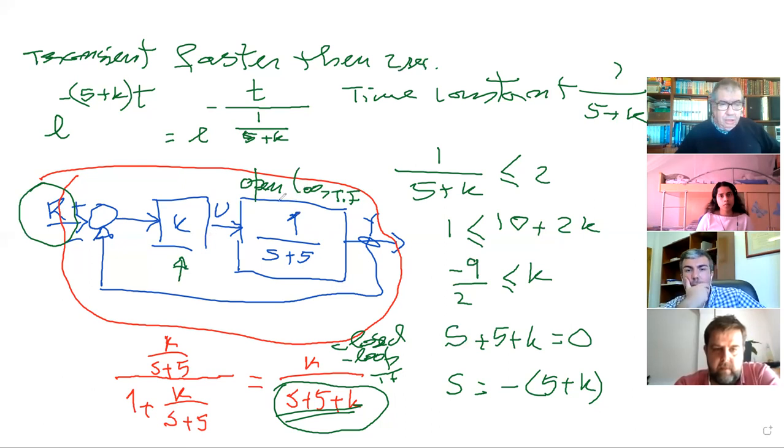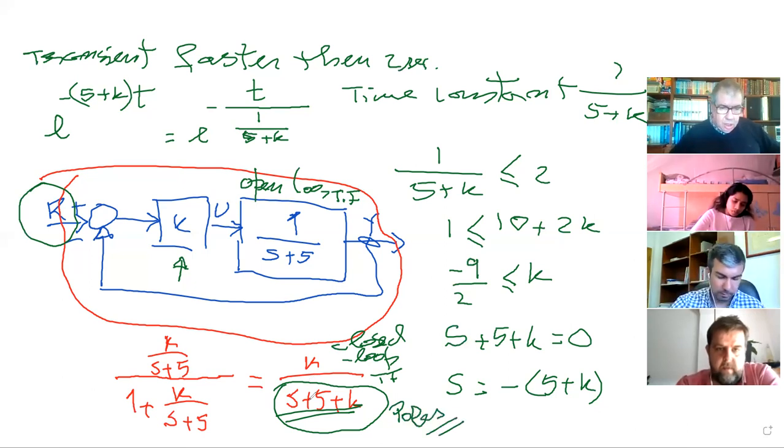So we are going to consider the situation where, instead of feeding back the output, we feed back the state. And we are going to see that by feeding back the state, you can place the so-called poles. The roots of this characteristic equation are the so-called poles of the system, the roots of the denominator of this transfer function.